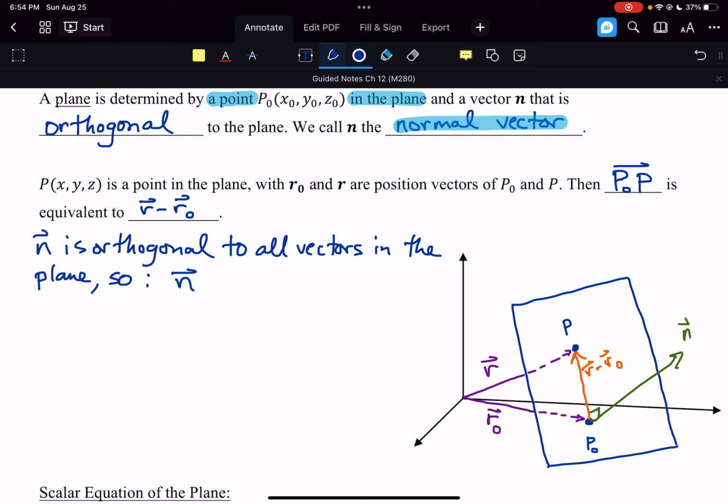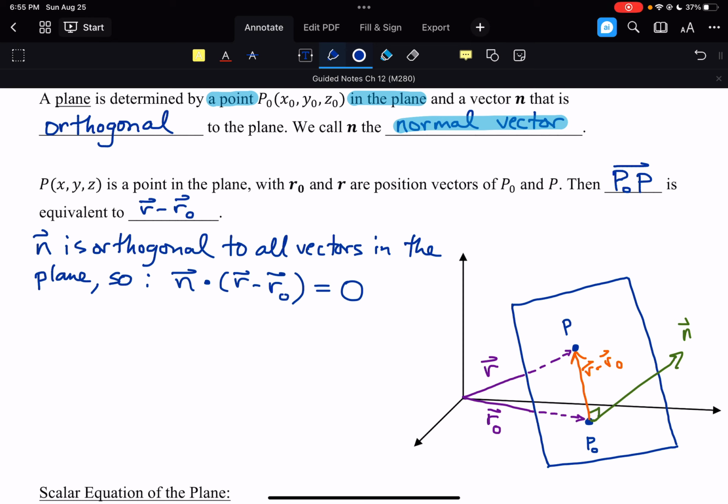We know that n is orthogonal to every vector in this plane, so the dot product of n with any vector in this plane must be 0. And we'll take this orange vector here, r minus r naught: n dot (r minus r naught) equals 0. This is our key fact right here. Since the normal vector is orthogonal to the plane, it's orthogonal to everything in the plane. That includes this vector, so their dot product has to be 0, again, because they are orthogonal.